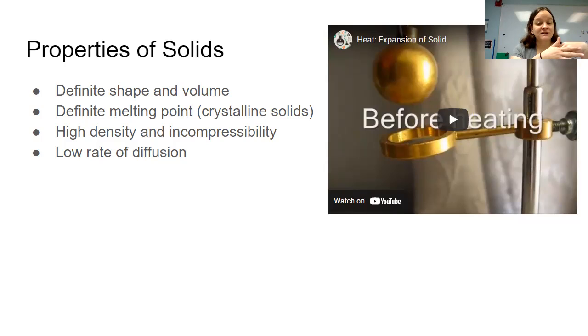Solids have the highest density of the 3 states of matter. The molecules are the most compact in a solid, generally. Water is one exception. I'm not going to say it's the only exception because there might be something else, but it's one exception where the solid form is actually less dense than the liquid form. But solids are incompressible.